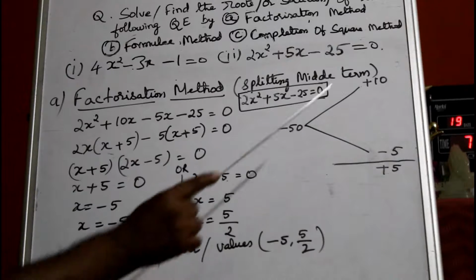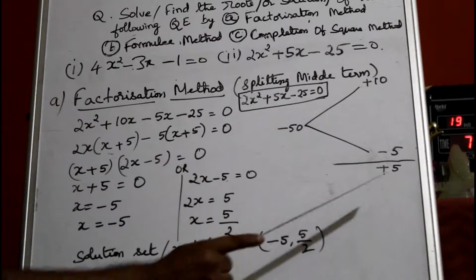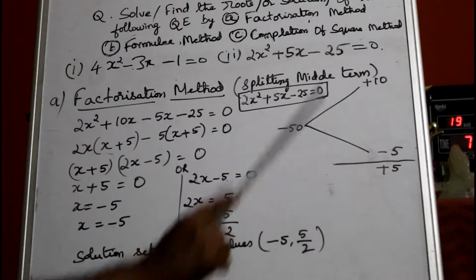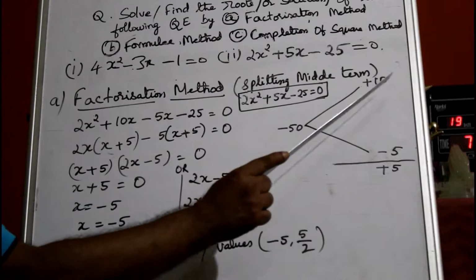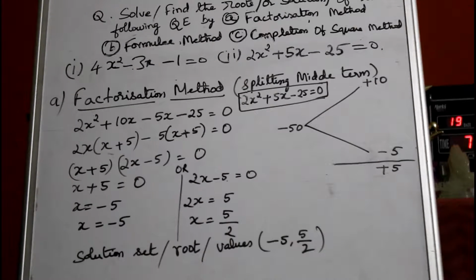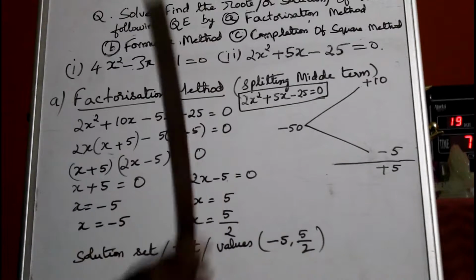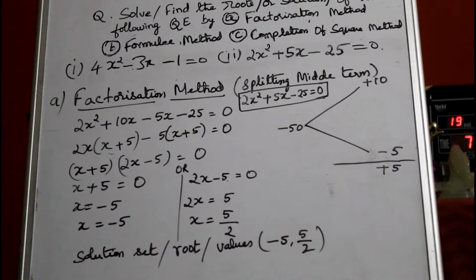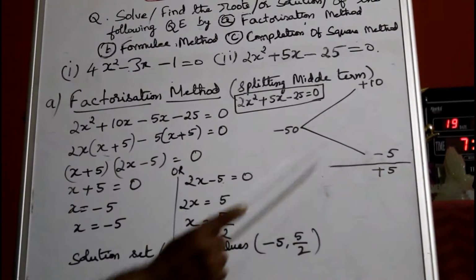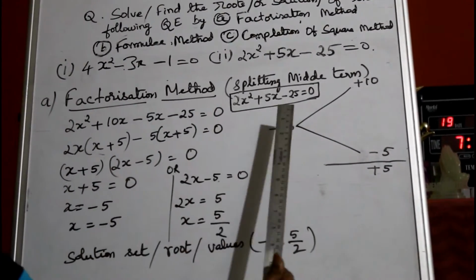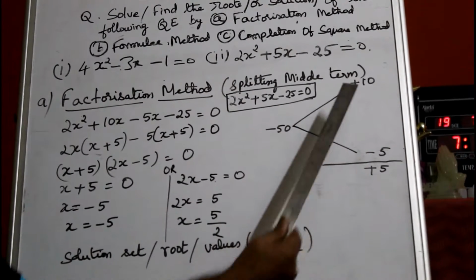Now you must find two numbers. If you add, you must get 5, and if you multiply, you must get 50. So first you find the two numbers for multiplication. Again I repeat, first you find for multiplication. 10 fives are 50, and 10 minus 5 is 5. I told you already, don't put the signs first. First you put 10 and 5, 50, and then close this and put plus 10 and minus 5.